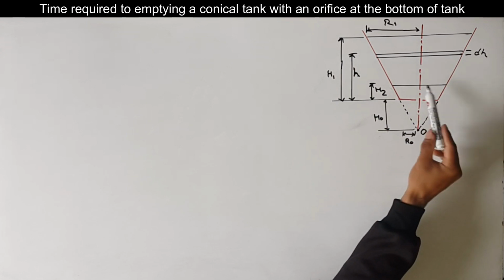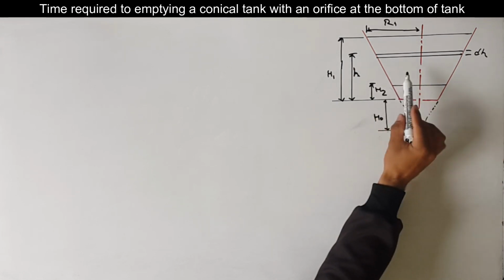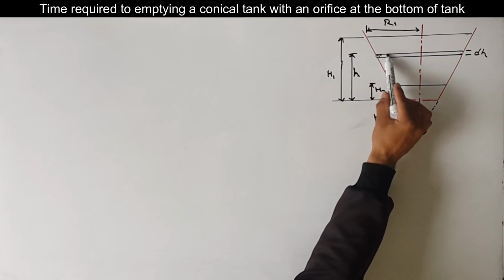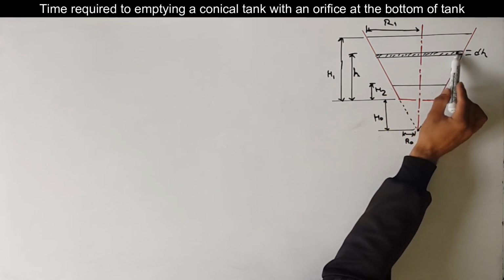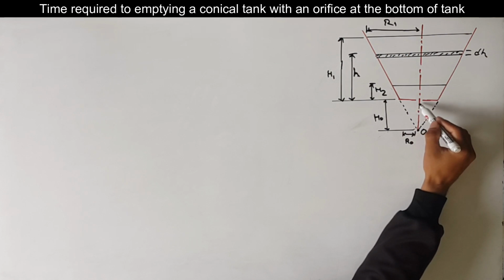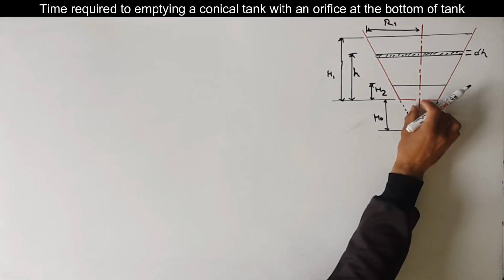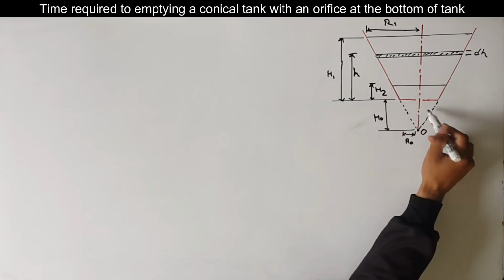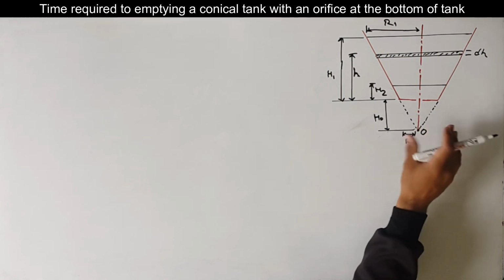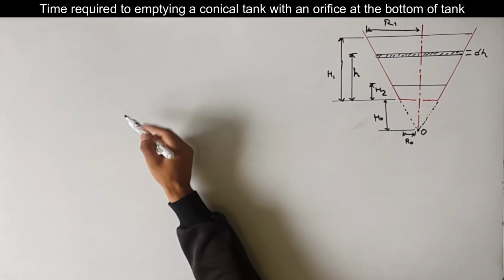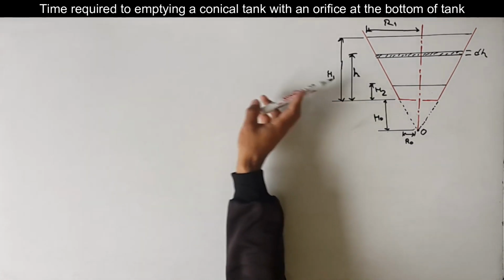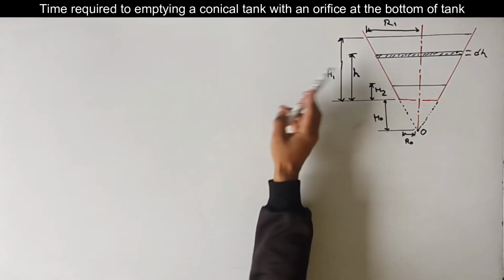We define these variables and then find the volume of fall by small height dh in small time dt, and the volume of liquid flowing out from this orifice in small interval of time dt. Then we get these two equations. So let's start here with defining these variables or parameters.